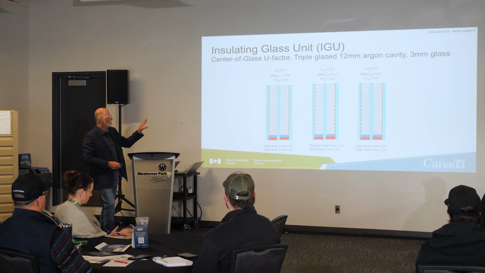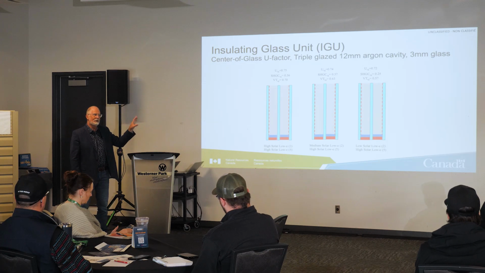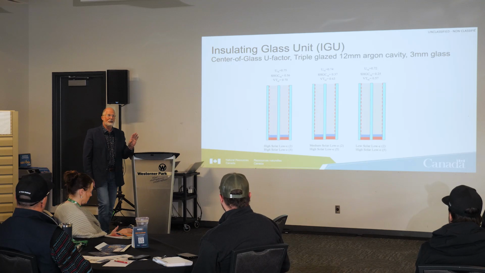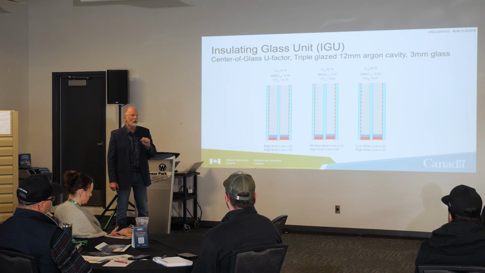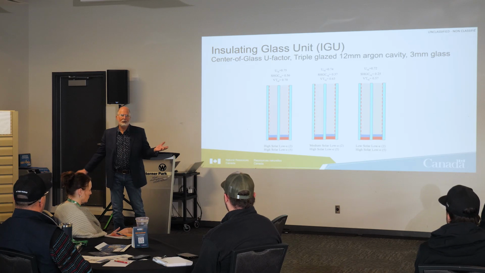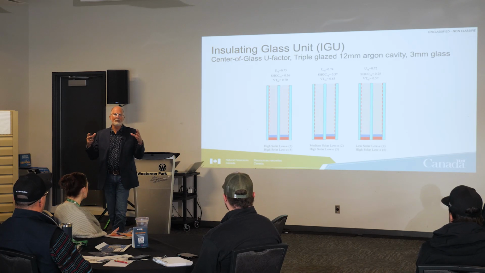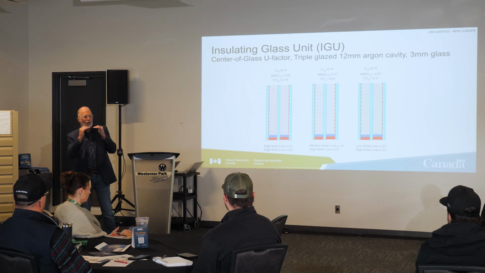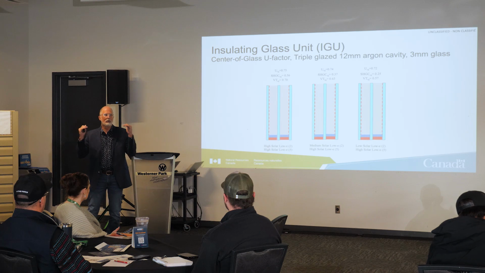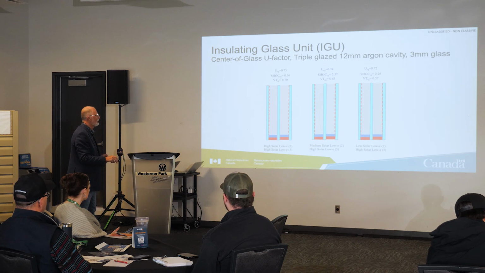So again, looking at this and understanding the basics behind coatings, where they go, talking to the sales rep from the window company and saying, here's what I want in this wall, here's what I want in this wall. And if you're a custom builder, or a track builder, what are we finding for an average sweet spot for those houses? Where are those windows? What position is the house facing?